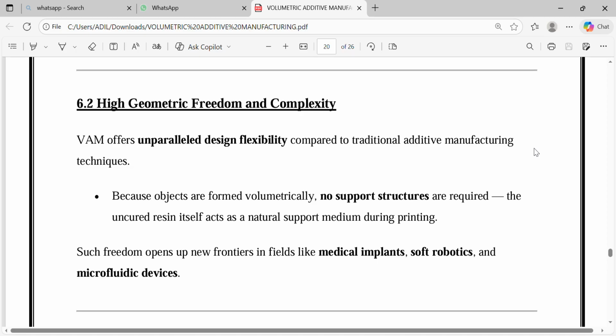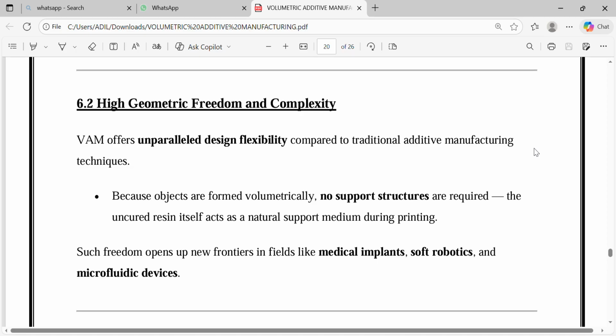Medical implants: VAM enables customized implants, complex geometries, biocompatible materials. Benefits: improved fit, reduced surgery time, and enhanced patient outcomes. Microfluidic applications include lab on a chip, diagnostics and research tools.